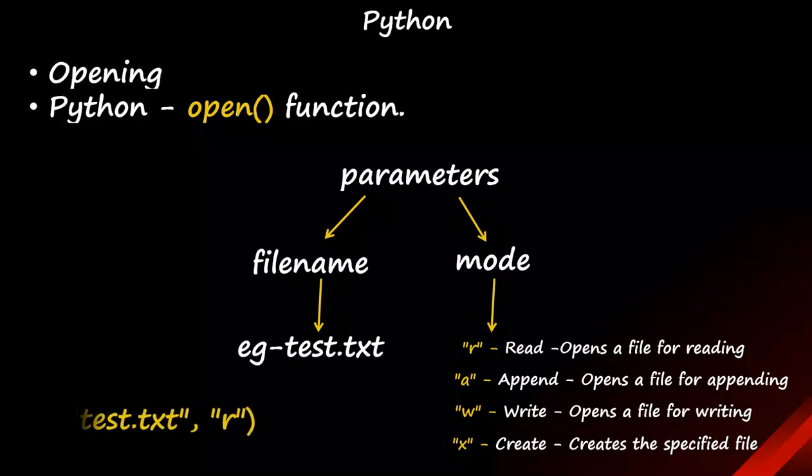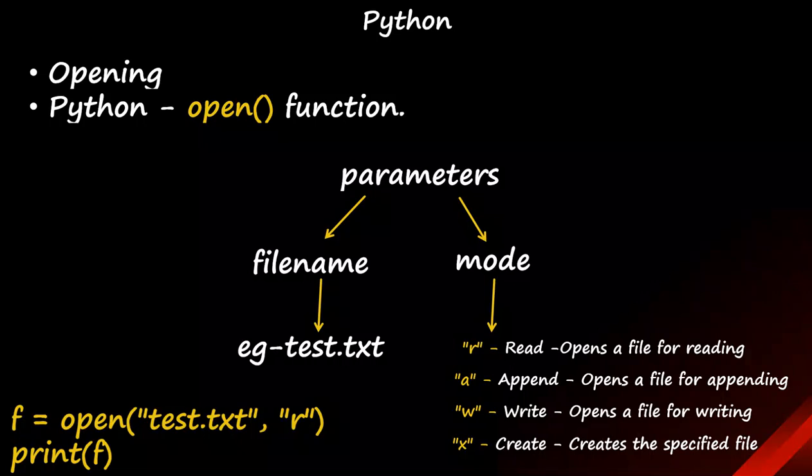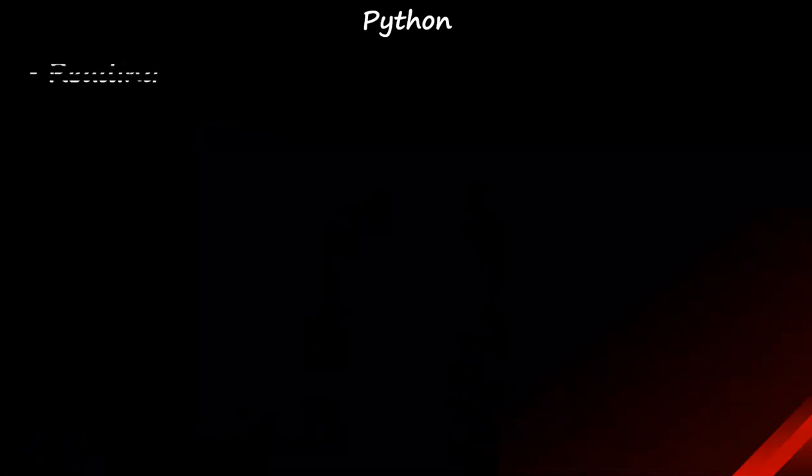So how to open a file? This is the short syntax for opening a file. Like f is a file handler, open is a function, test.txt is the file you want to open, comma, R means read mode. And then you can print all the content of the file with the print function. So this is opening a file.